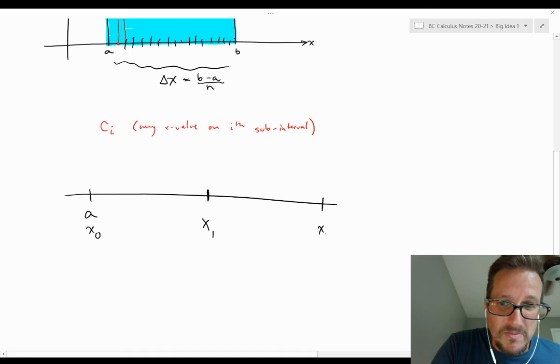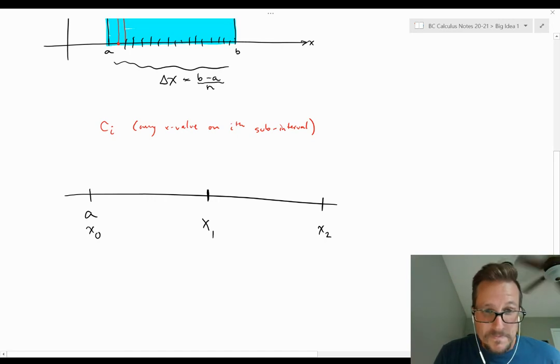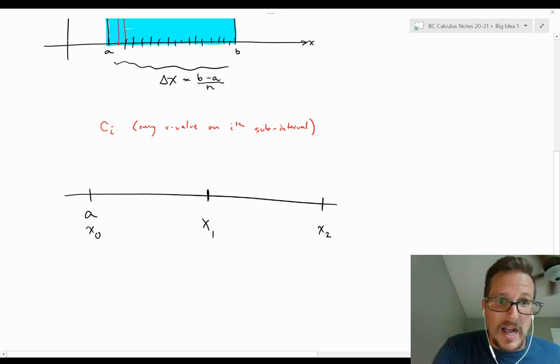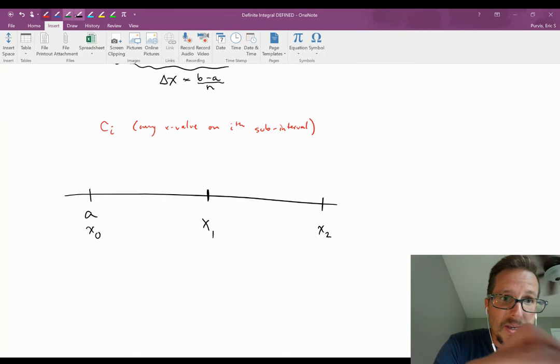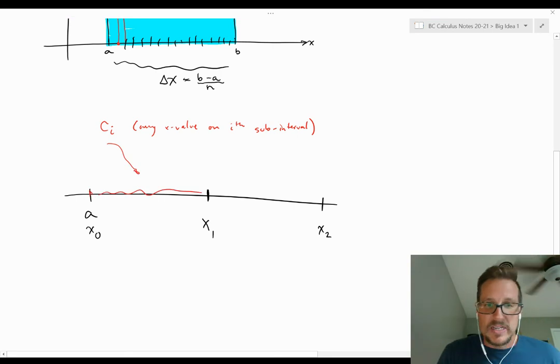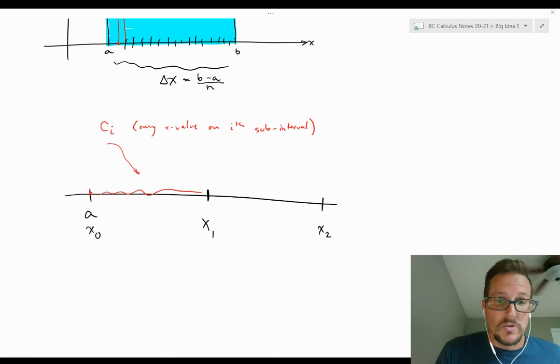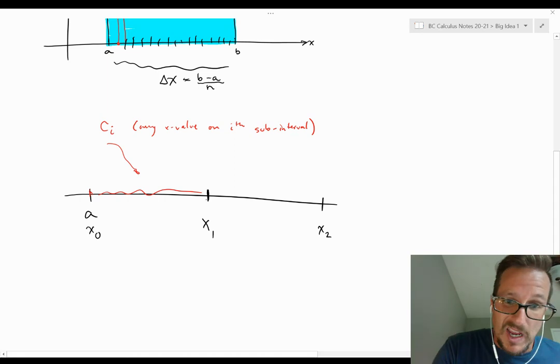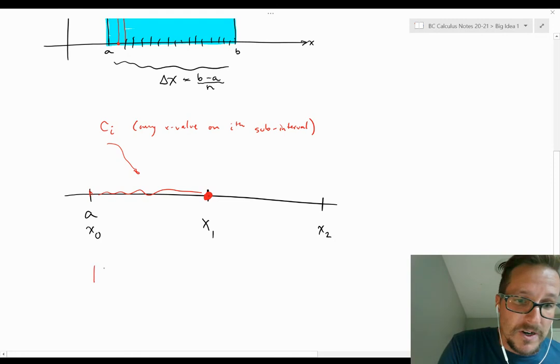This next little break is x sub 2. All right, so c sub i could actually be anything in between, any x value on the interval a to x sub 1.